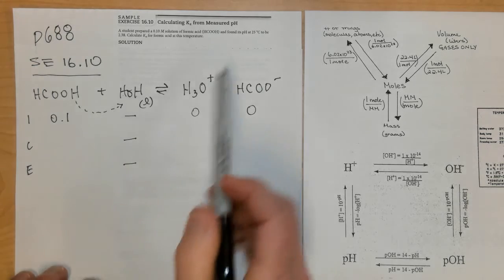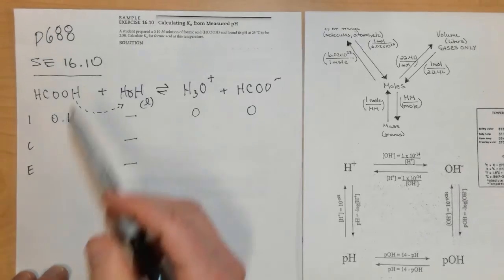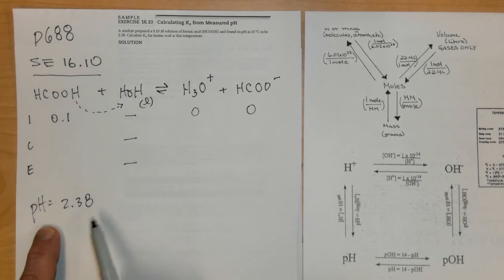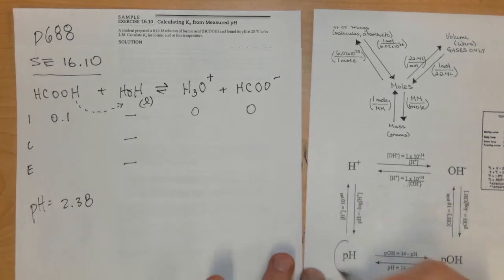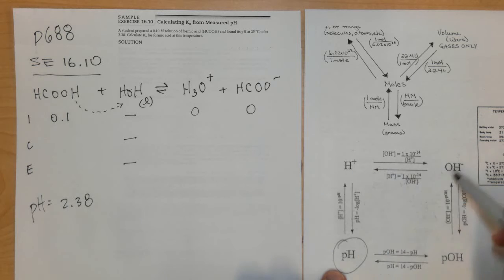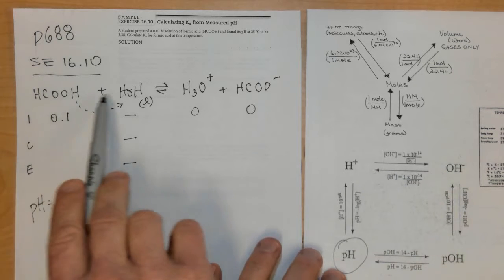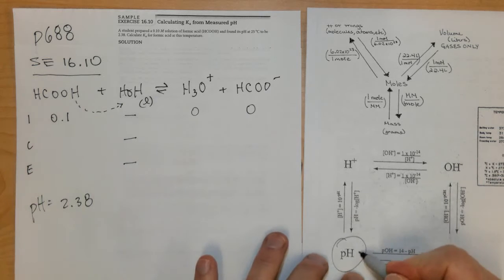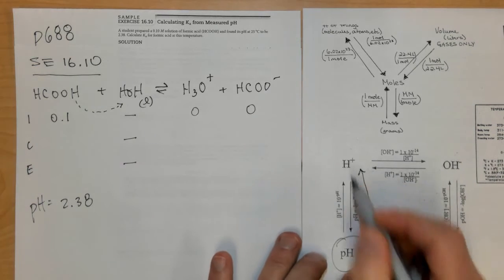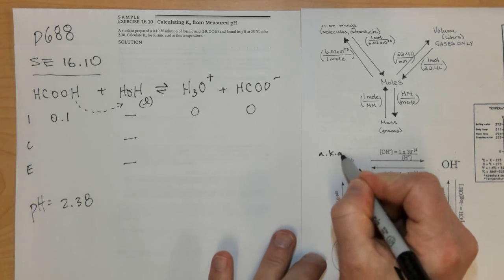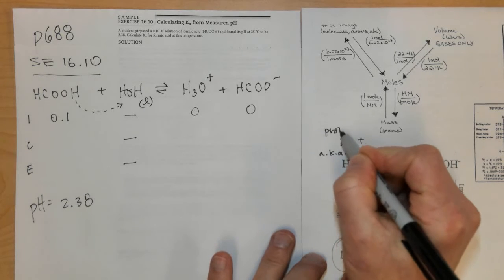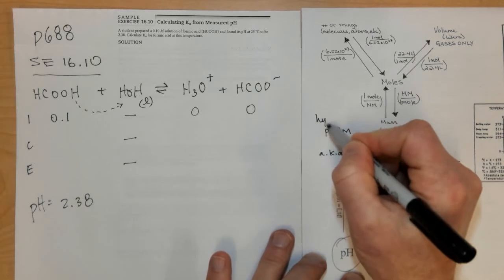Now they give us some other data in the question. They tell us the pH is 2.38. I'm going to write that down here at the bottom. I have to be really familiar with my pH square, because if I know the pH, what could I find from the pH square that would be in this balanced equation? Notice I could go from pH to this thing called H+, which is also known as H3O+, also known as a proton, also known as the hydronium ion.